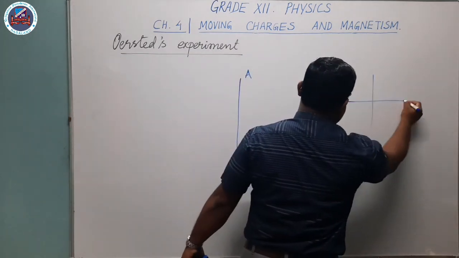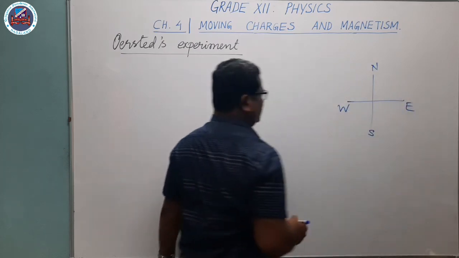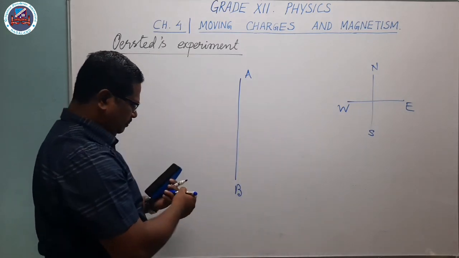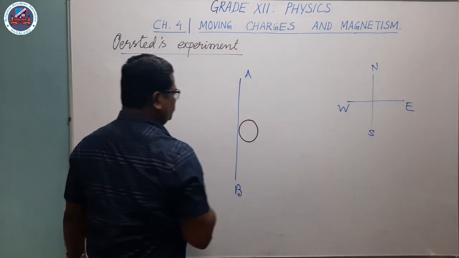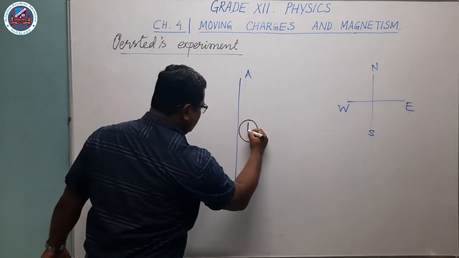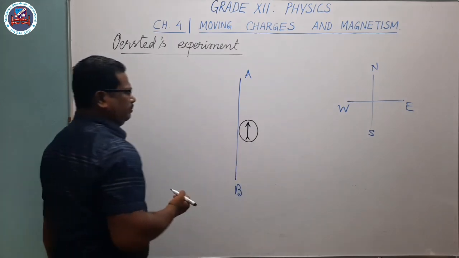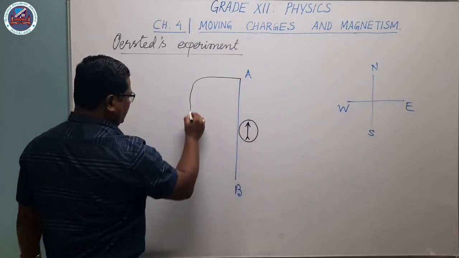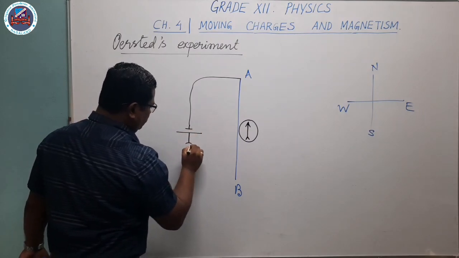This is north, south, this is east, this is west. Then he took one compass needle over it. The compass needle, as we know, always points in the north and south direction. He kept it like this. Then he took some conducting wires and one cell or a battery along with one switch.